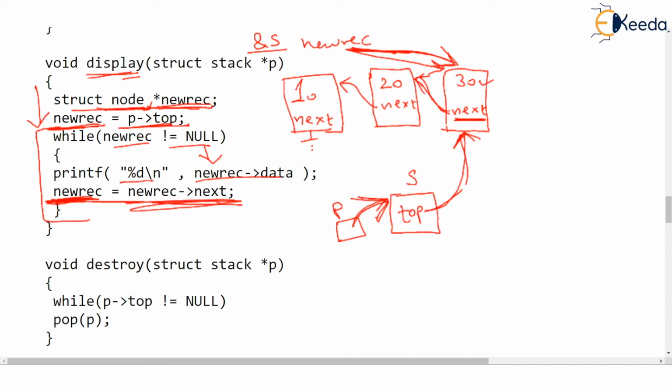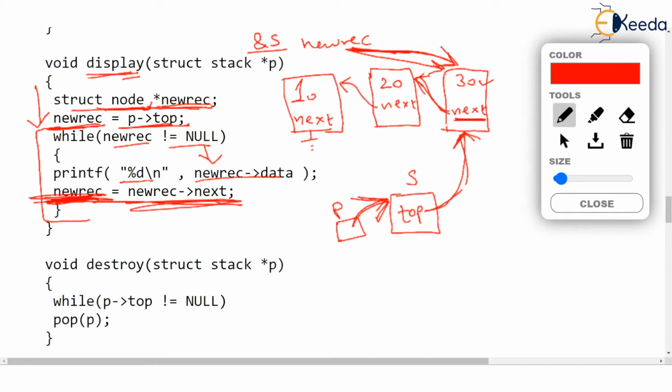So we are saying this pointer newrec should now point to 20. And that's how we have changed the node at which newrec is pointing. So here is the change I am suggesting. Now newrec no more points to 30, but it points to 20.